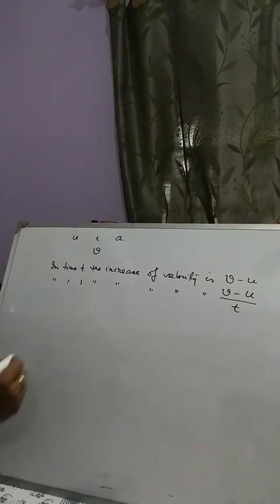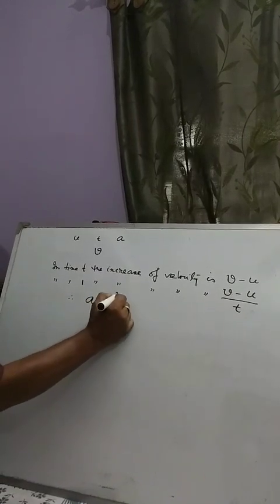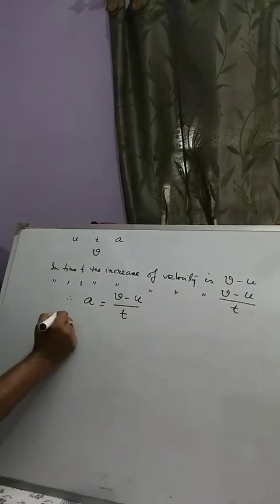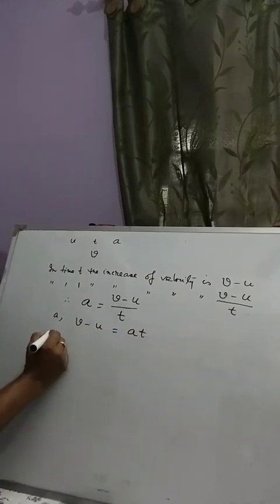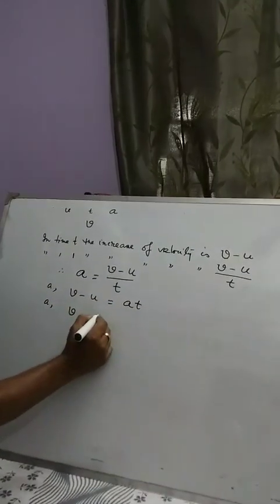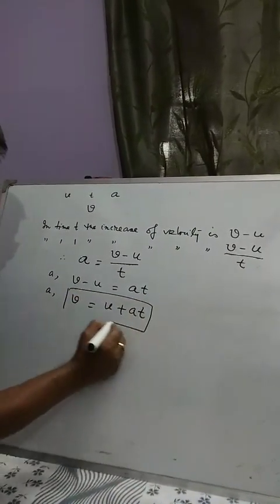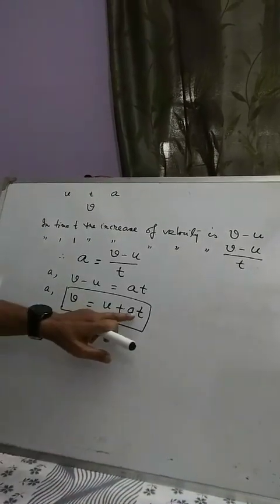Actually, from the definition of acceleration, in unit time the increase of velocity is called acceleration. So acceleration a is equal to (v minus u) divided by t. That means v minus u is equal to at and v is equal to u plus at. This is the final velocity of the particle after time t.